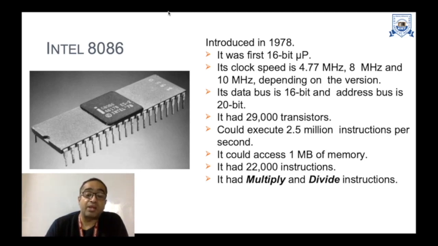It had around 29,000 transistors, could execute 2.5 million instructions per second, and could access 1 MB of memory with 22,000 instructions. And it was able to do multiply and divide instructions.